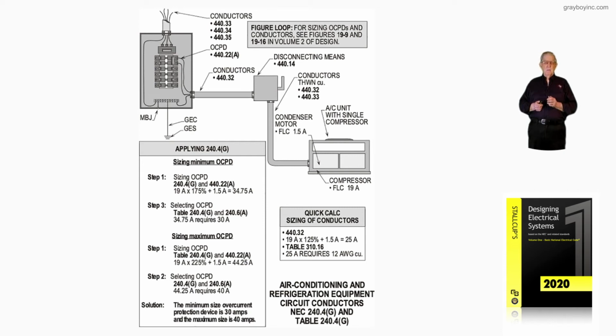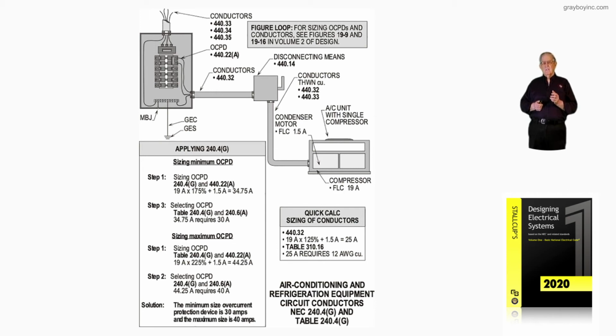Now, the minimum size, which you could go below if it would start the unit, and the maximum size, you could go below if it would start the unit, but the minimum size starting out is 30, the maximum is 40, which could be adjusted to allow the unit to start and run.